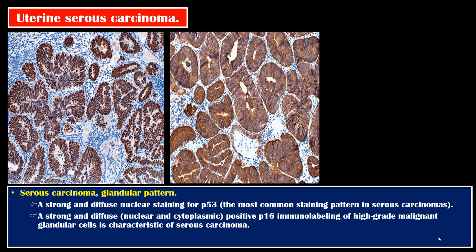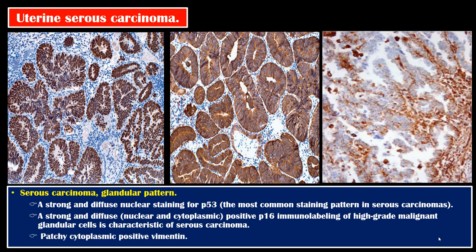Here we can see a strong and diffuse nuclear and cytoplasmic positive p16 immunolabeling of high-grade malignant glandular cells. Here we see patchy cytoplasmic positive vimentin. When we compare it with the classic endometrioid carcinoma, which shows diffuse positive vimentin.